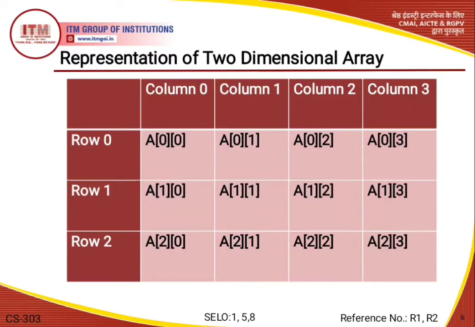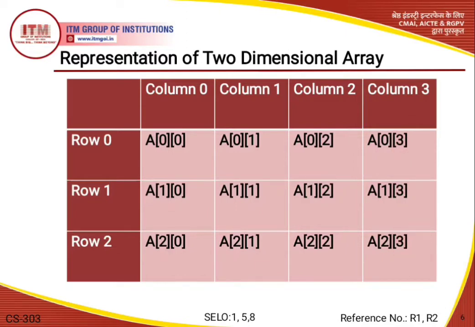Similarly, if we talk about the second row, then the position of this element is first row and 0 column, this element is first row and first column, and this is first row and second column. Similarly, the position of this value is first row and third column, and for row 2: second row and 0th column, second row and first column, second row and second column, and second row and third column.